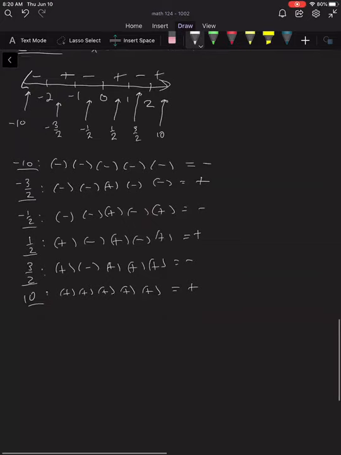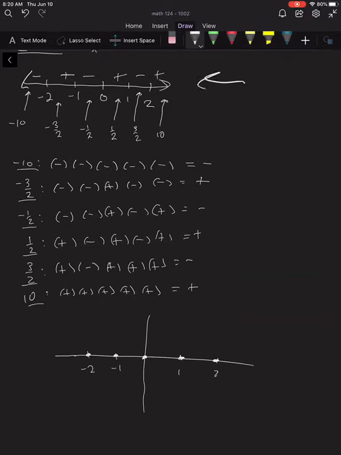Okay, so we have our number line. Let's draw our graph. So what are our zeros? Our zeros were minus 2, minus 1, then we had 0, and then 1 and 2. Okay, so to the left of minus 2, if we look up on our number line, we have a minus sign, so it goes down.